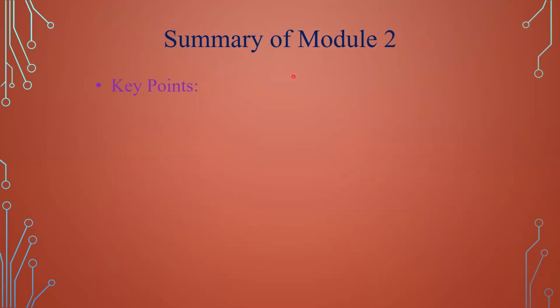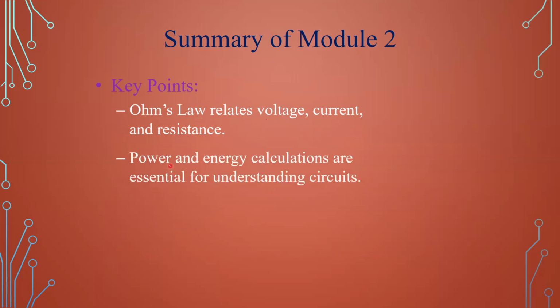So, summary of this module 2 now, there are the following key points that we reviewed. We have reviewed and understood Ohm's law that relates voltage, current, and resistance in the circuits. Next, we reviewed and understood what power is and what energy is. We understood how to calculate each of them, and we saw their applications in circuits.